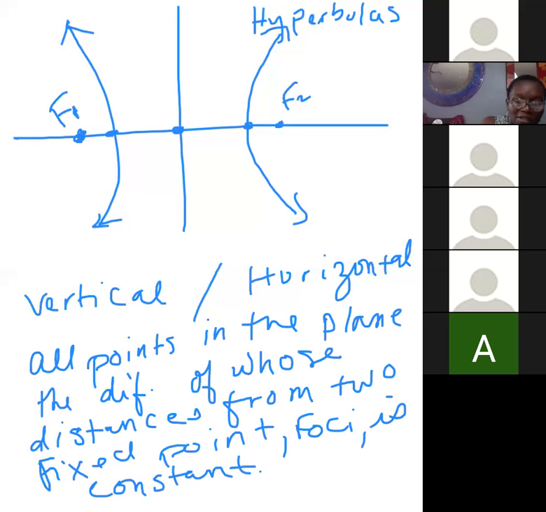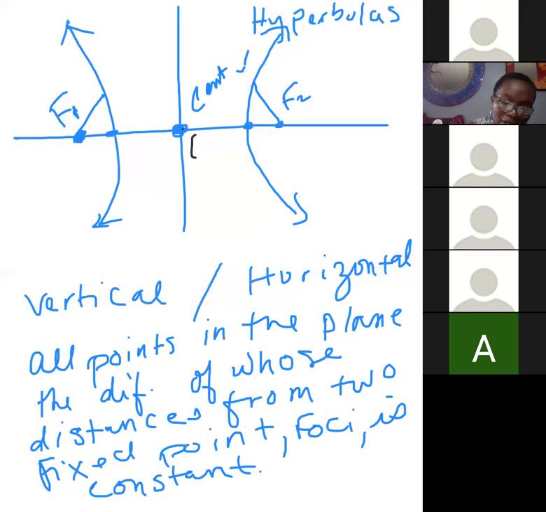So basically, the difference of the distance between these 2 points right there will represent all the points on the hyperbola. Now, for this one guy here, guys, this represents the center right there. Now, right now, because we're on the XY plane, this is the origin right here.